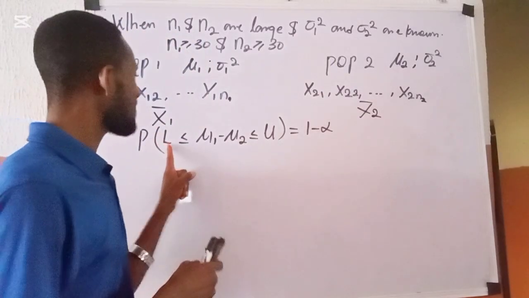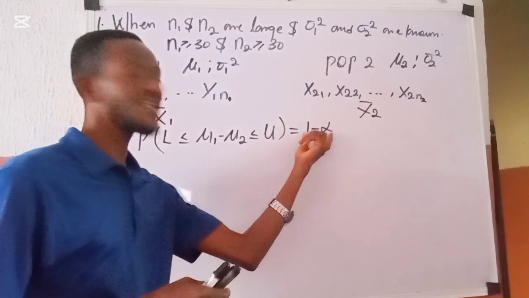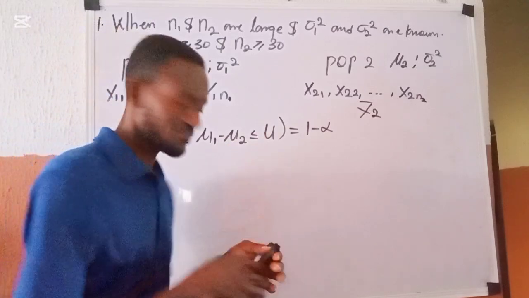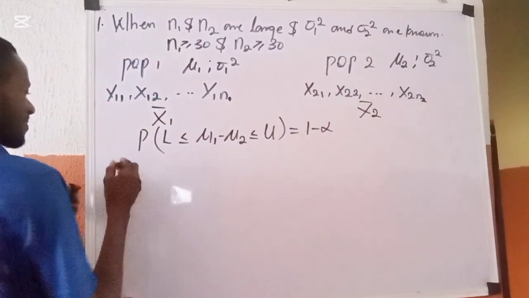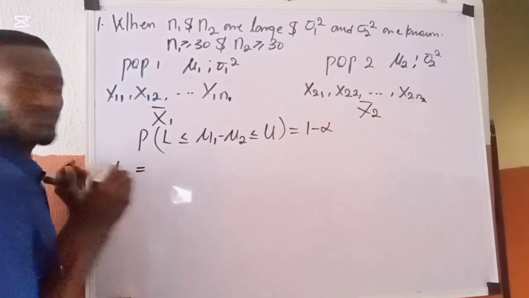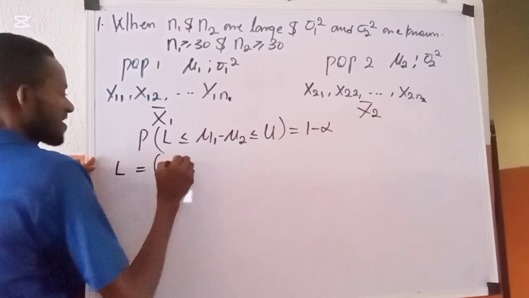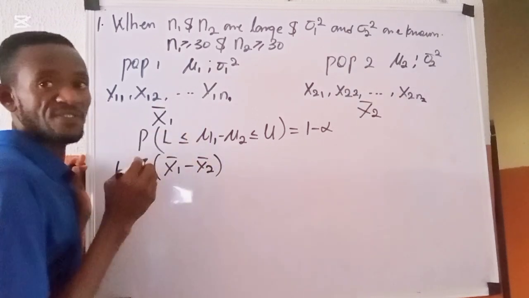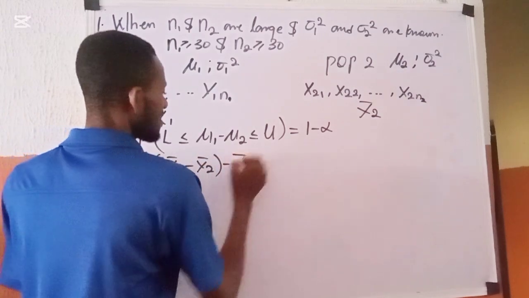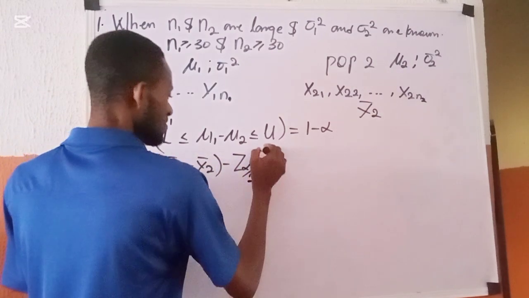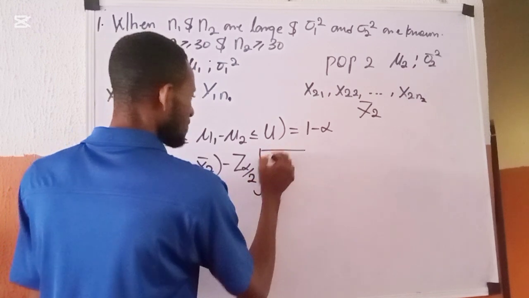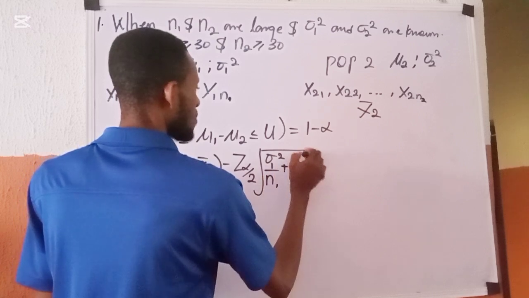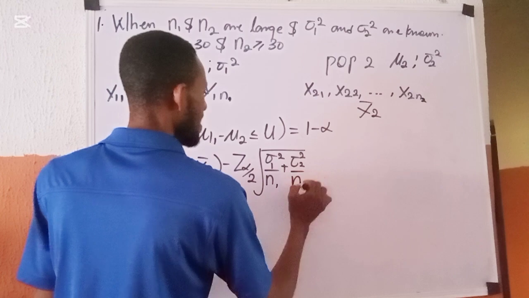For us to get values of L and U that will satisfy this condition, our L is going to be, you open a bracket, X bar 1 minus X bar 2, close the bracket, minus Z of alpha over 2 times the square root of sigma 1 squared over N1 plus sigma 2 squared over N2.